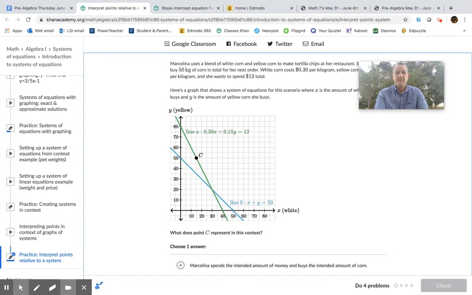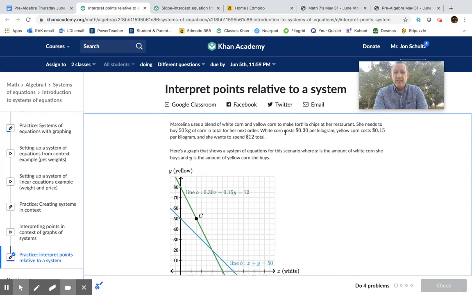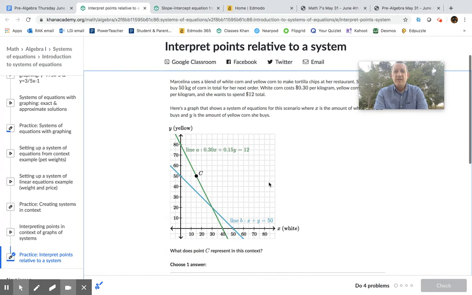That's what total means. Then if you look at the second half, it gives you the cost. White corn costs 30 cents per kilogram, yellow corn costs 15 cents per kilogram, and she wants to spend a total of $12. So again, total means you're adding things up, and the total number is going to be by itself on the other side.